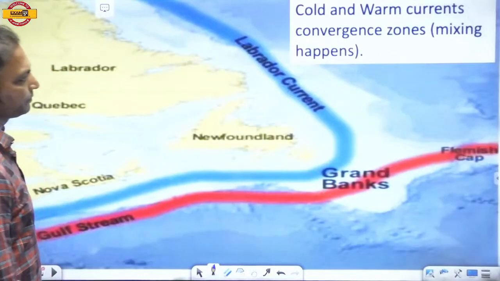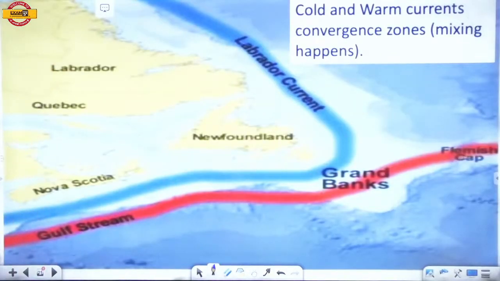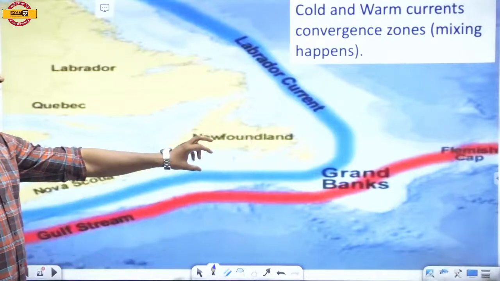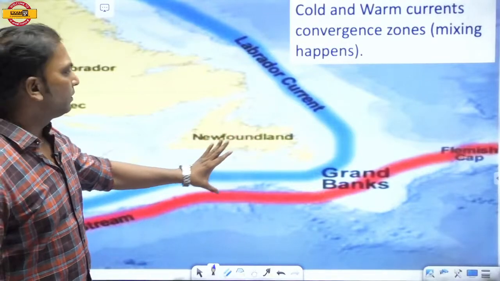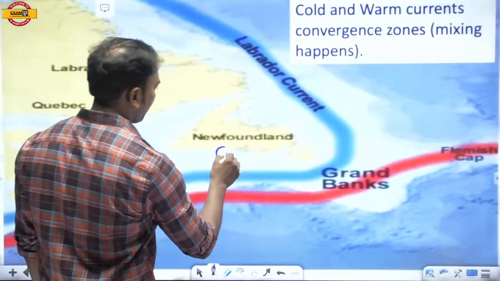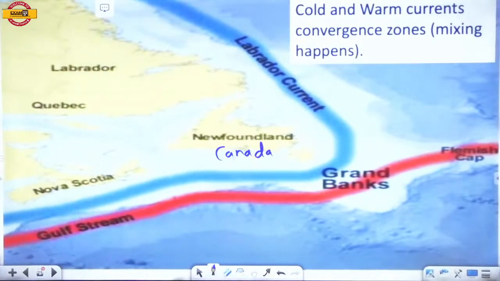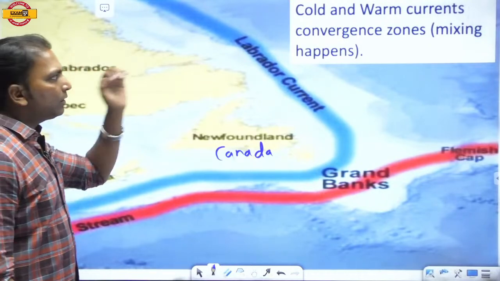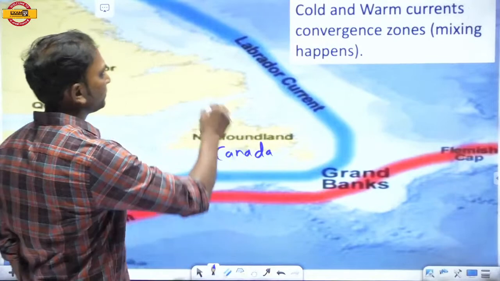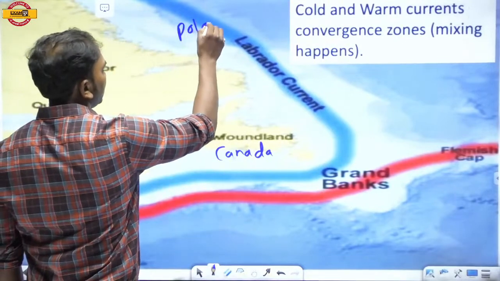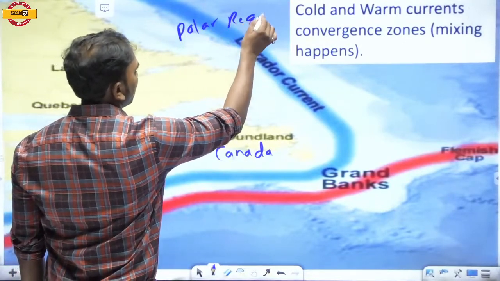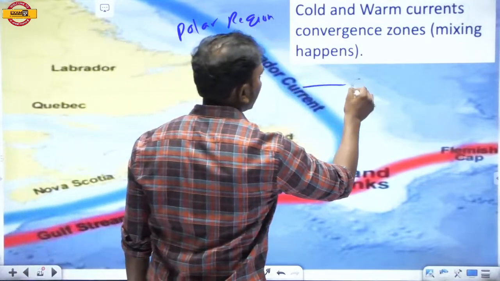Now you see the picture. You can see here the Newfoundland region. It is in Canada. Here are Nova Scotia, Quebec, and the Labrador region. And the Labrador current is coming from the polar region. This is the coldest current.